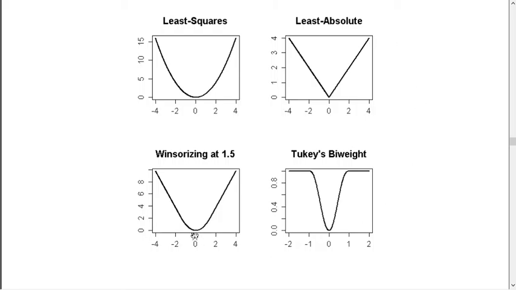Here it is with Winsorizing, where it grows quadratically up to a point, but beyond that point it just follows a straight line. So it's kind of an in-between between least squares and least absolute value. Here is Tukey's biweight, where the penalty grows as the residual increases up to a point, but beyond a point the penalty is big, but it doesn't get any bigger.